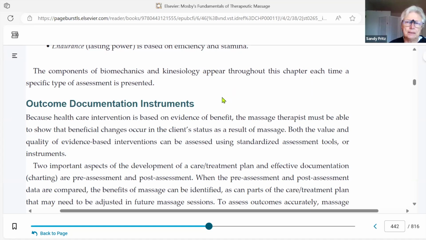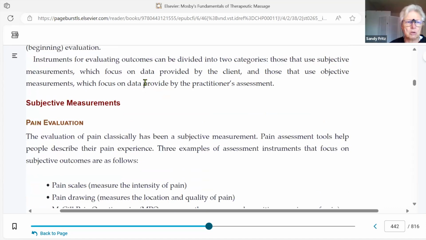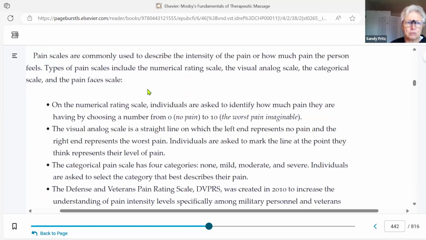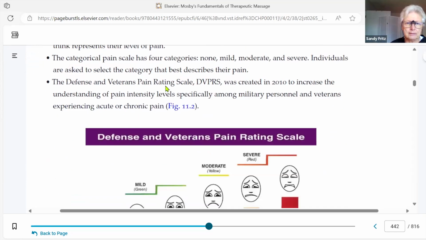So in the medical world, this needs to be objectified. There's usually a documentation instrument. And it's helpful to have this across the board, because a client can externalize this and see that the massage has provided benefit for them. So here are some subjective measurements. There are pain scales, pain drawings, numerical ratings.